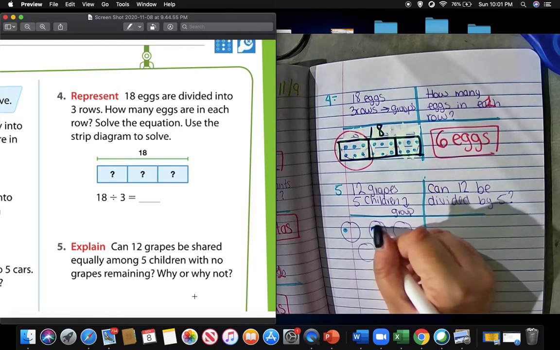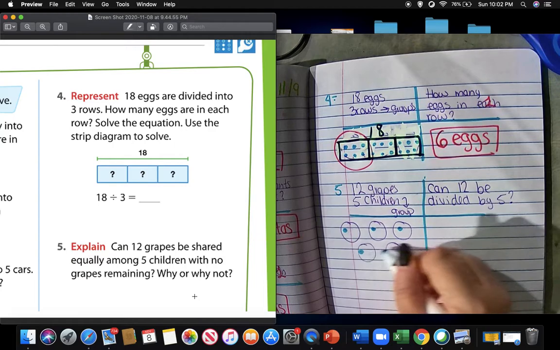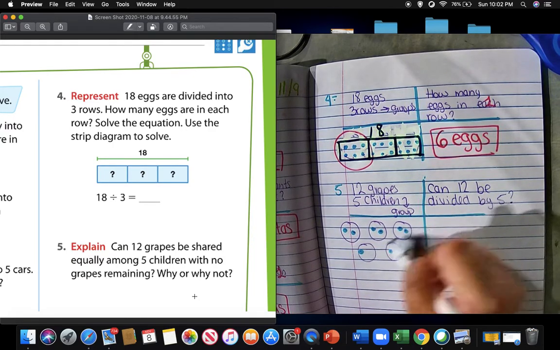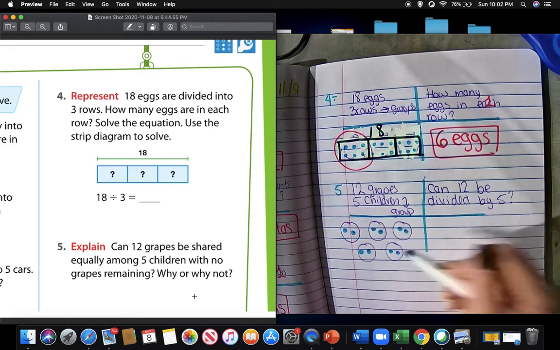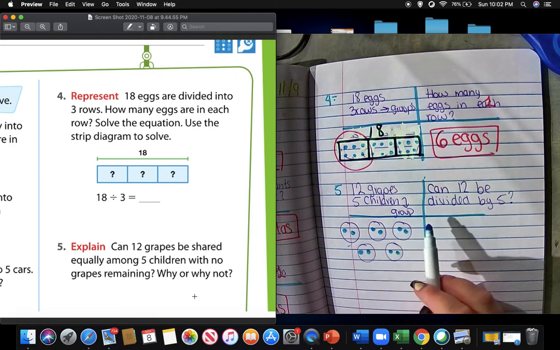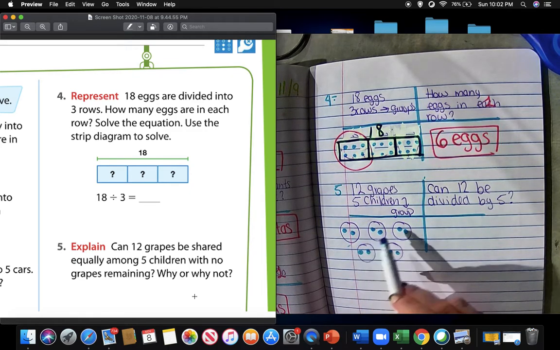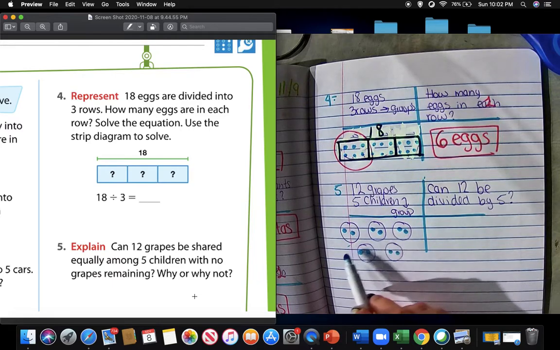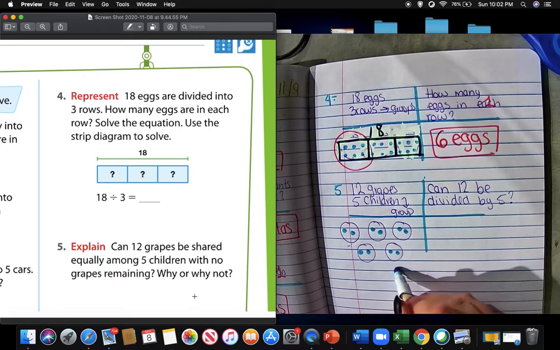1, 2, 3, 4, 5, 6, 7, 8, 9, and 10. Okay, if I keep going, I'm not going to be able to give 1 to each one. It wouldn't be equal. No sería igual. So how many do I have remaining? 10, 11, 12.